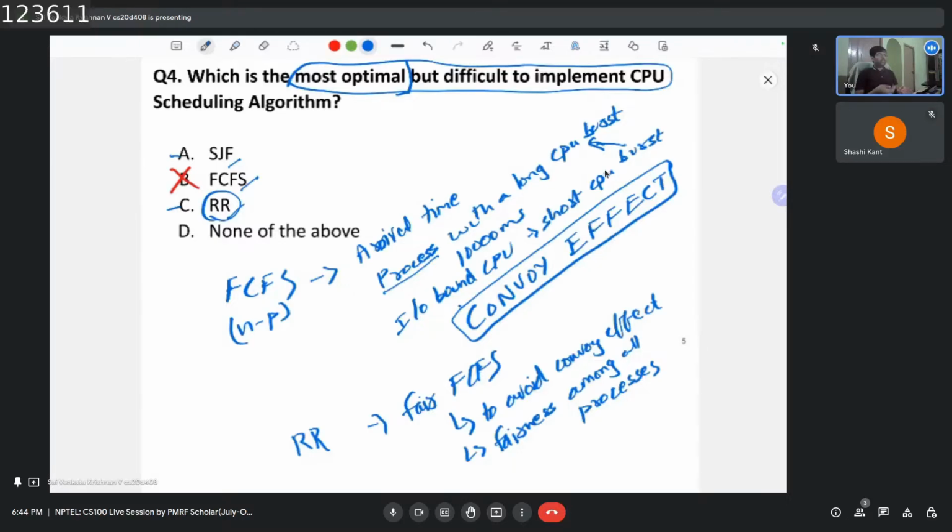Based on its arrival, it will be inserted into the circular linked list, the ready queue, and then each process would be given a time share of that CPU for that specified time quantum, which is fixed for all the processes. For that specified time quantum, the process would be given control of that CPU.